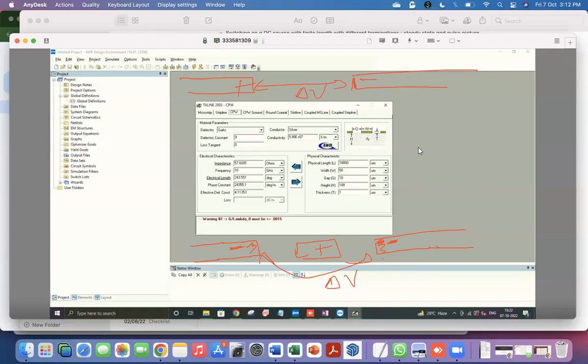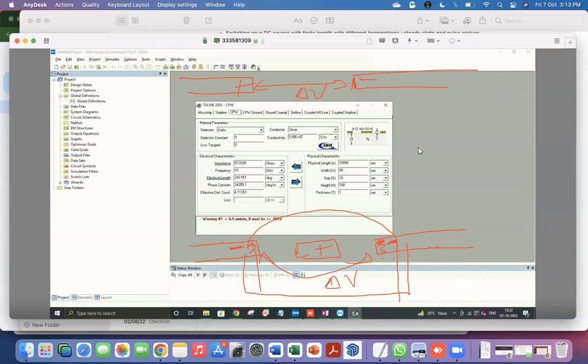So that's the reason why you have to connect those air bridges or do the vias, which I mentioned earlier. So that ensures that the two metals on either side of the center conductor are always at the same potential, and hence the slot line mode is suppressed. Okay, so this is very crucial for any CPW transmission line if it is long enough.